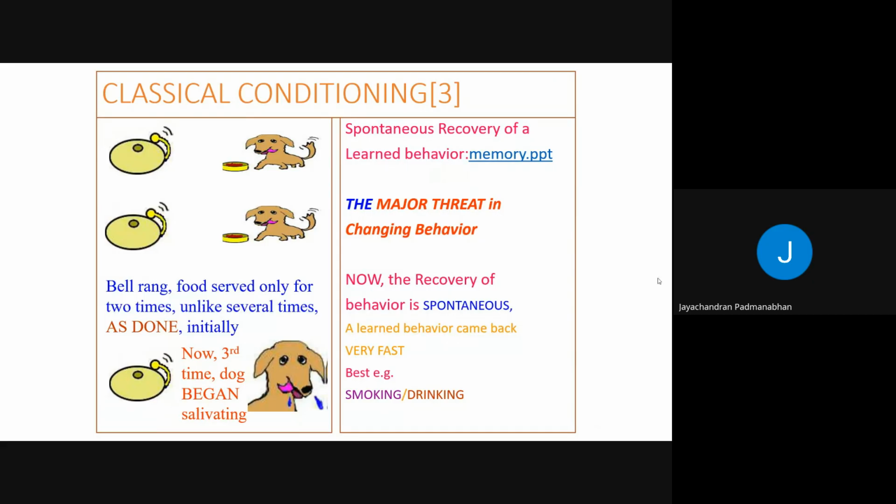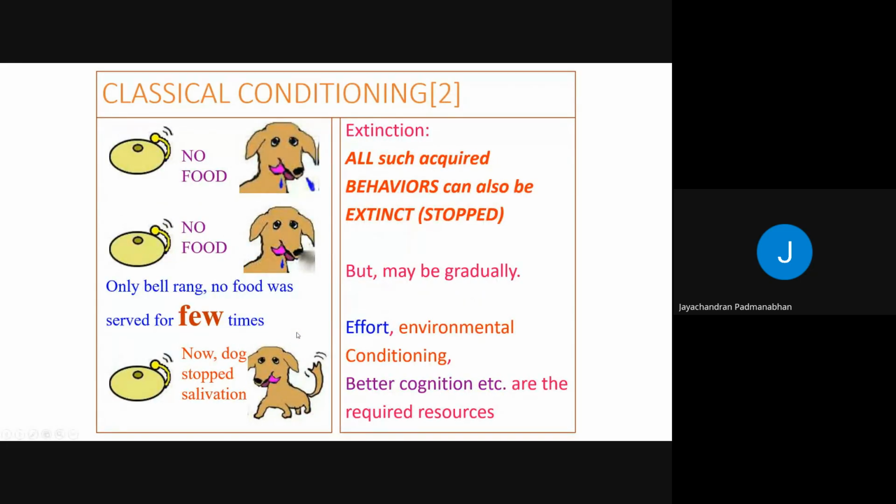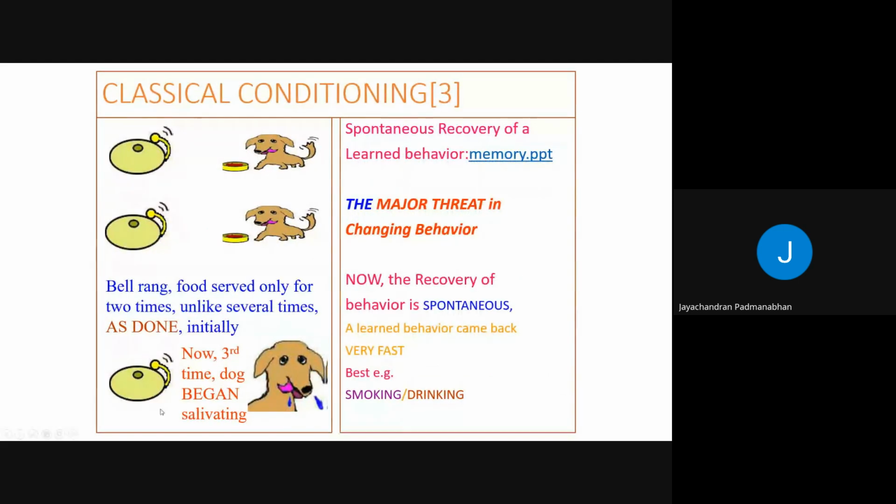He called it spontaneous recovery of a learned behavior, especially with regard to a bad behavior. Let me show you the truth. The first day, to acquire a behavior, it took 9 times. Now, after stopping the behavior, it took only 3 times.